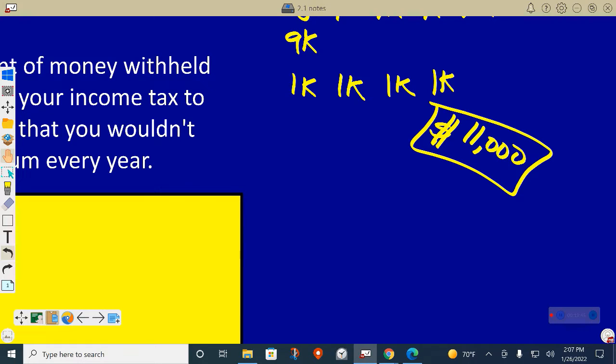Every check, your employer is gonna be dealing with us, we're gonna hold some of that cash. So at the end of the year, you don't have to write some big fat check. We already took that cash, and if we took too much, you get a tax return. If we took too little, you're still gonna owe us a little bit. I'm not sure if that made sense. They're helping you pay them by withholding some money every month.